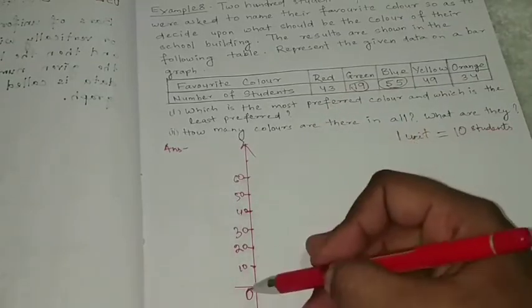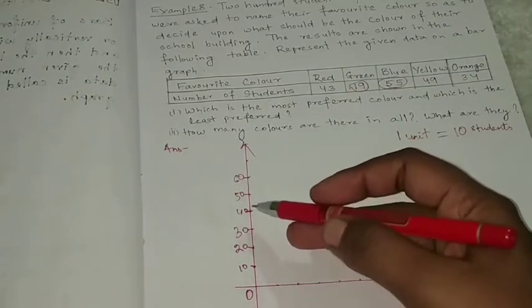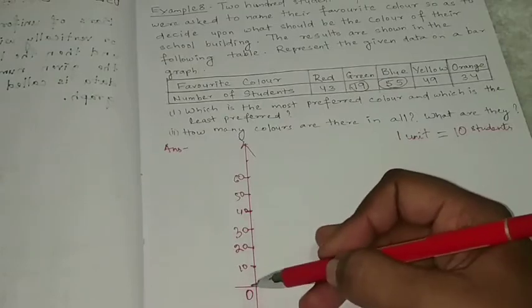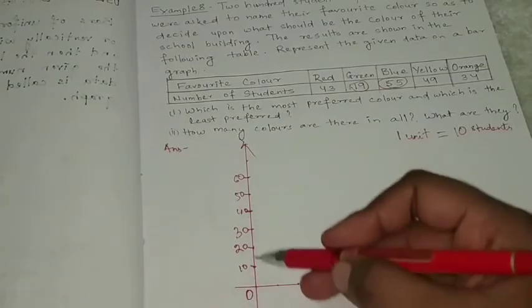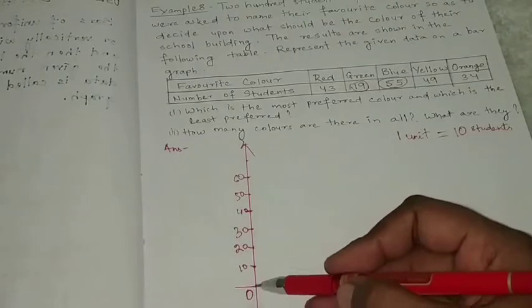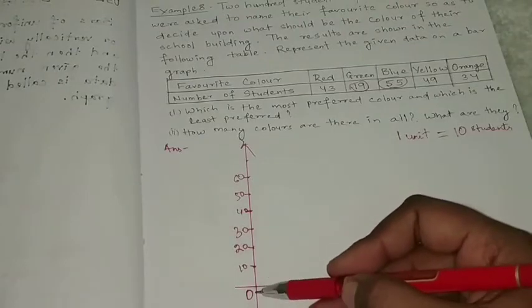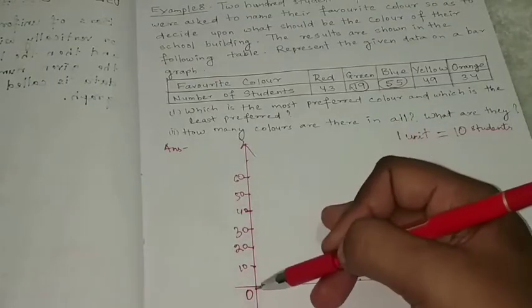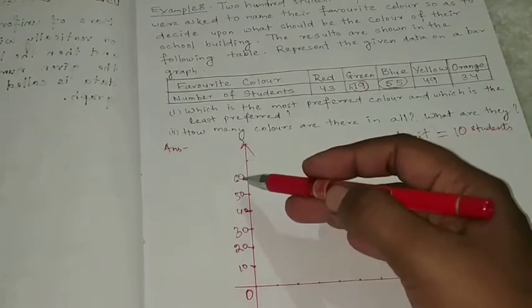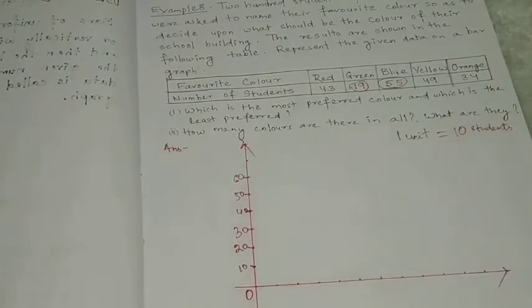So we have put equal divisions, in 1 unit 10 students. We have started from 0 and ended at 60.